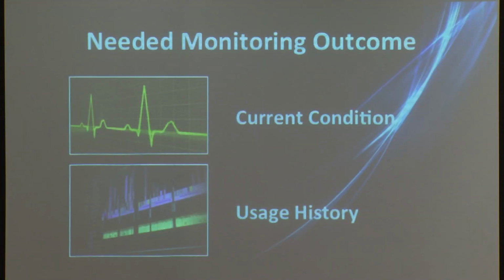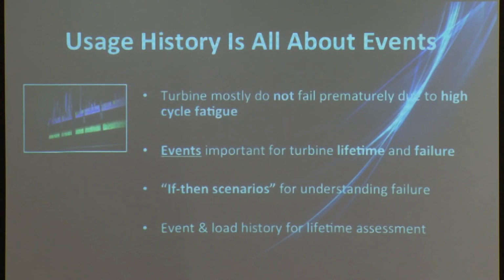And actually, it all comes down to this. I need to know what is the current condition and what is the usage history. What is important here are the events, and that's what I will focus on, and those are the ones I really want to get out. Turbines do not fail generally due to high cycle fatigue in this premature phase.